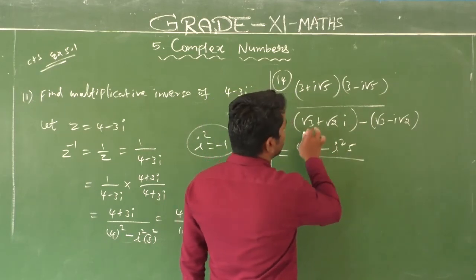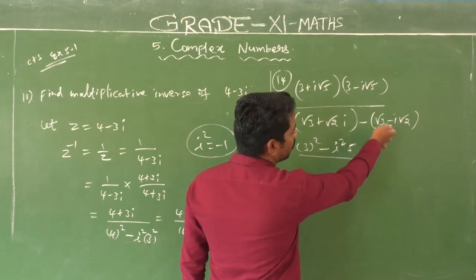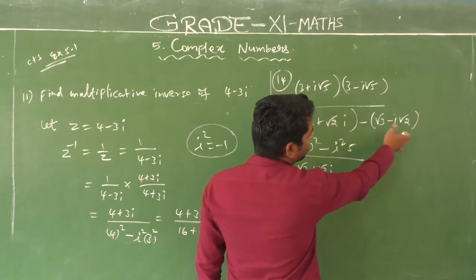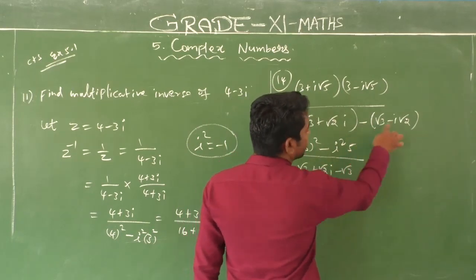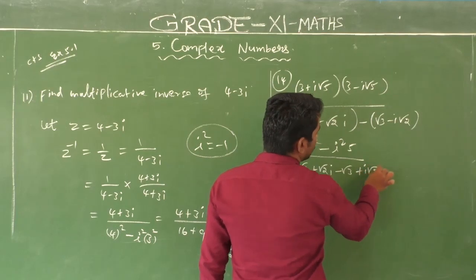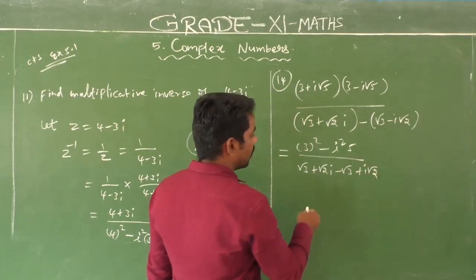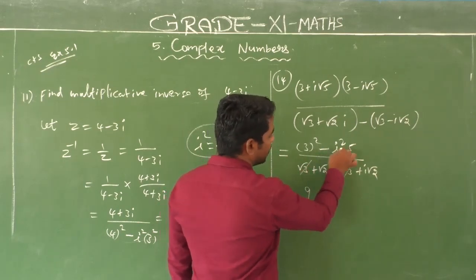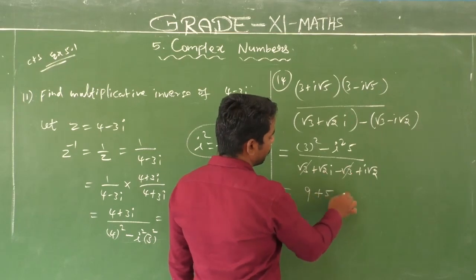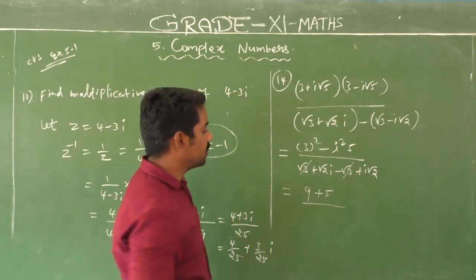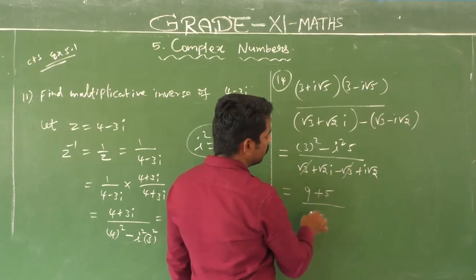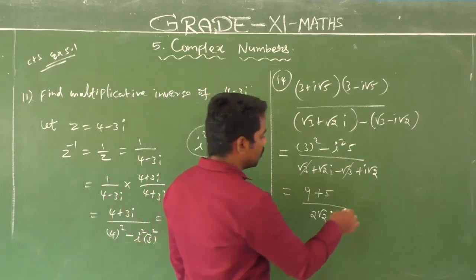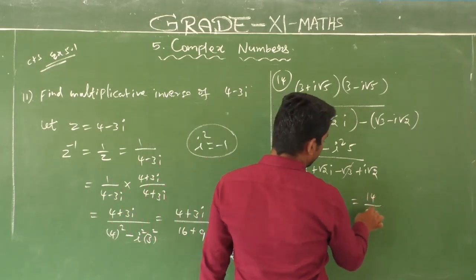Divided by (root 3 plus root 2 i) multiplied by (minus root 3 minus i root 2). Multiplying these two terms: minus root 3 minus of minus is plus, i root 2 plus i root, here plus root 3 and minus root 3 cancel. Remaining 3 square is 9, minus i square is plus 1 into 5, divided by 2 root 2 i. 9 plus 5 is 14, so 14 by 2 root 2 i.